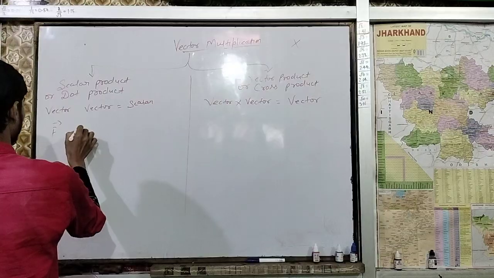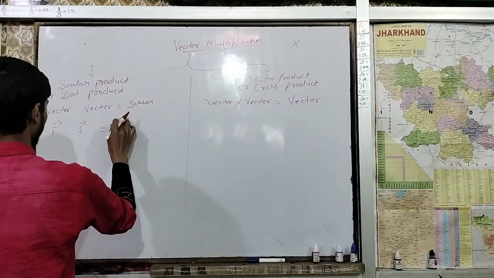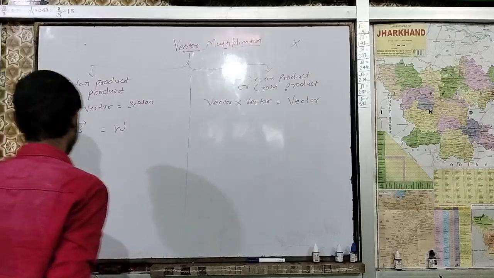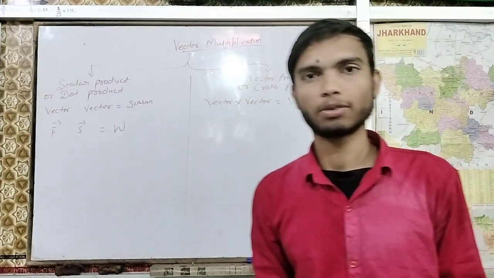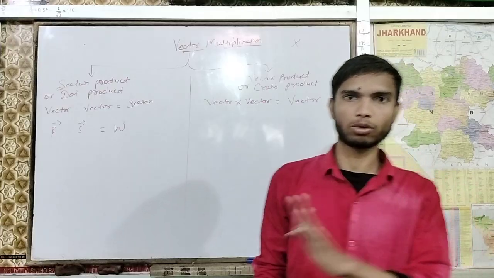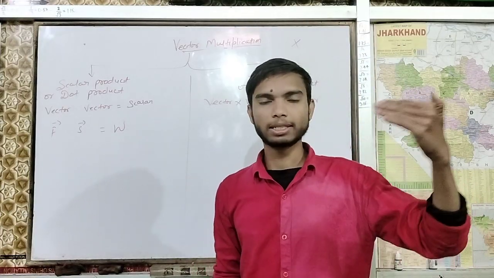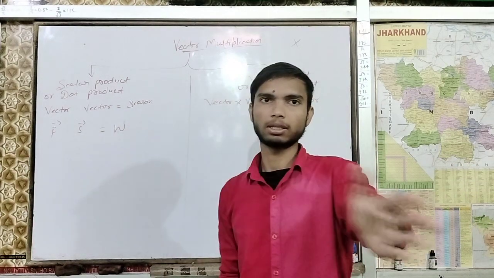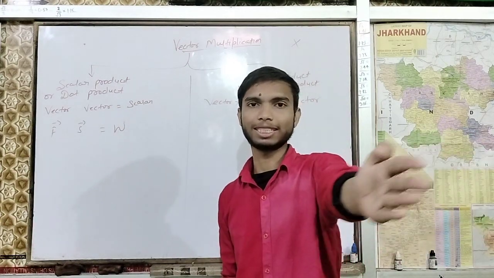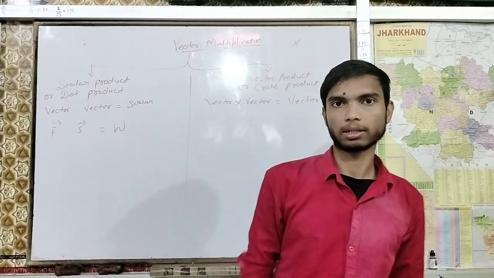Now, F dot S is equal to W. We have this example. Work is defined as force multiplied by displacement. If somebody is applying force on a box and that box moves, in that case we say yes, work happened.